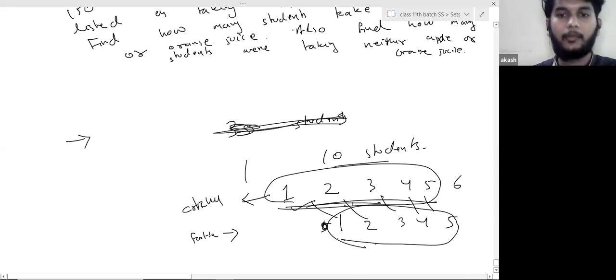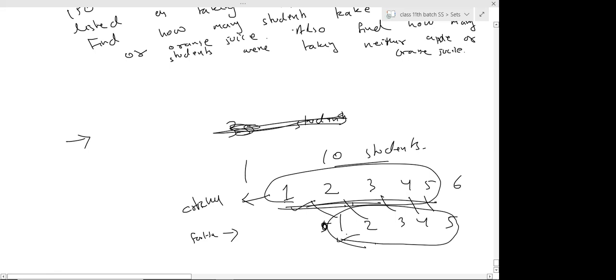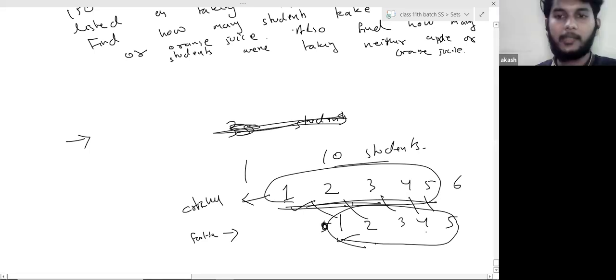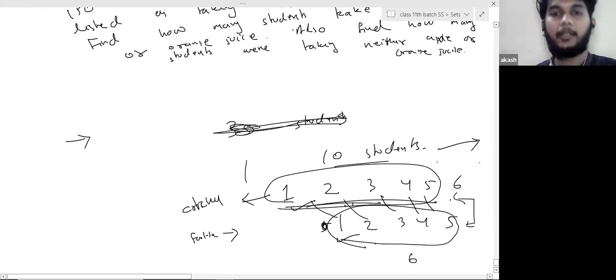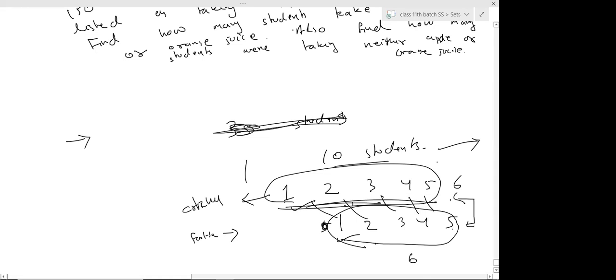They play cricket also and football also. They can play two things. So in total we have 6 persons, and 4 are left who don't play anything. Even after we count 11 people, 4 people still remain who don't play anything. So this can also be the case. This is clear now.